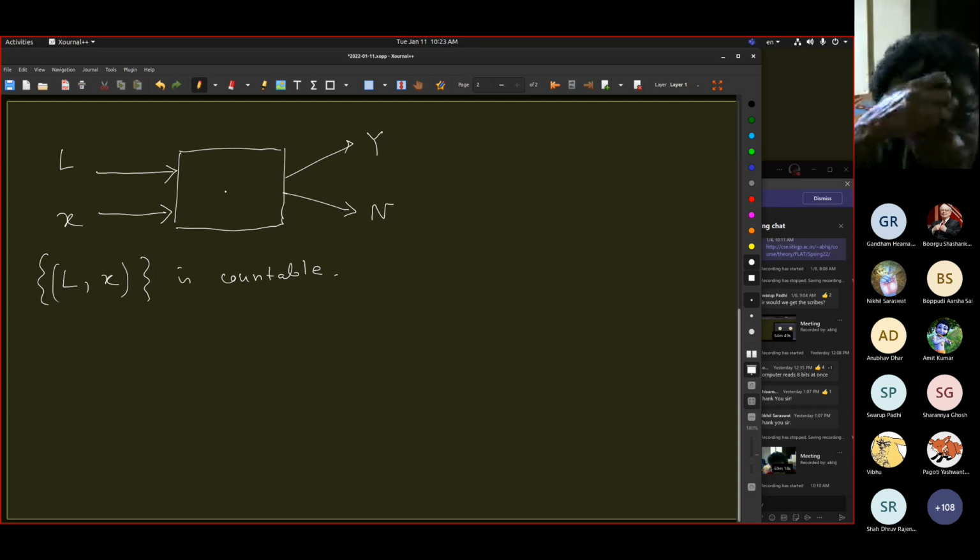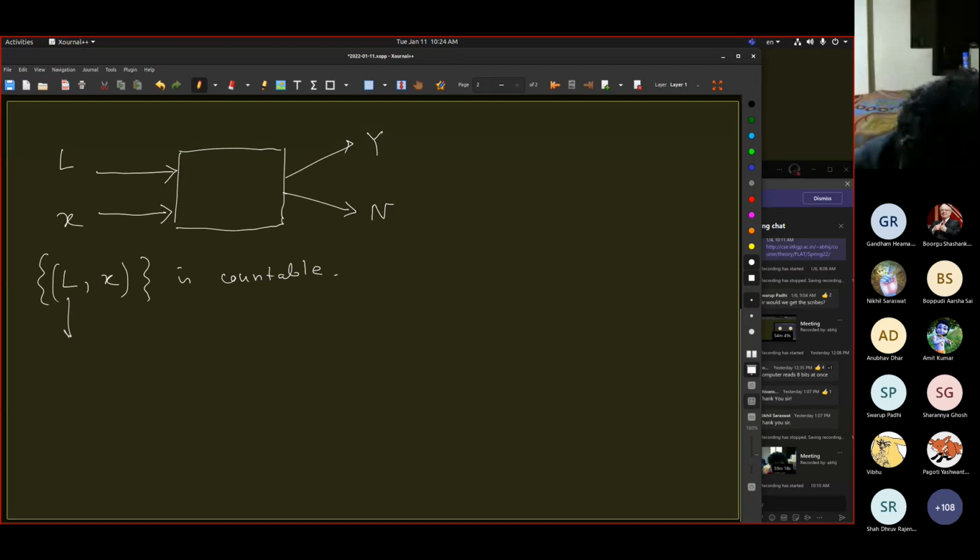Sir, I didn't get how the set of all combinations of L and X is countable. We have infinitely many languages. No, I am talking about languages having finite representation. X is a string, so it is anyway finite.